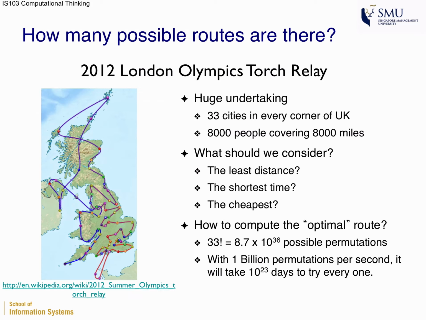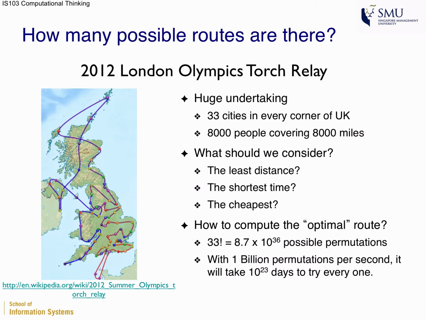Now, let us see an example. We brought this up in the week 1 introduction. We talk about how many possible routes there are, for example, if you're trying to design the torch relay for any given Olympics. In this case, it's an example from the 2012 Olympics where there are 33 cities.